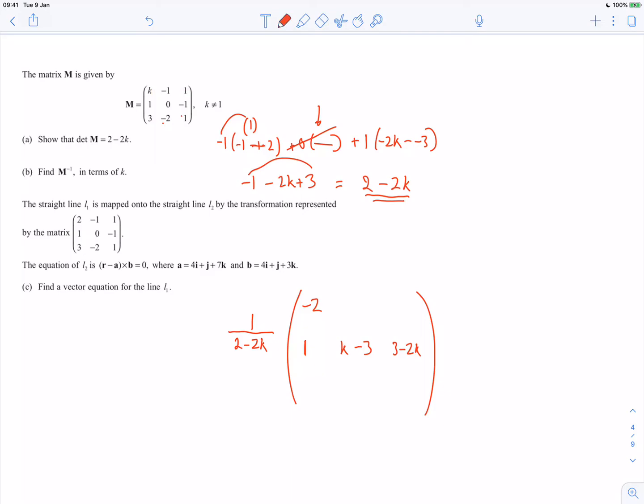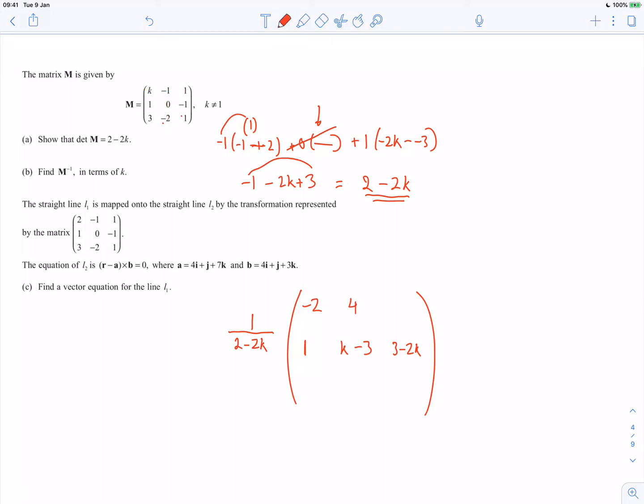And then -1, so I take the determinant at that point, so 1 times 1 is 1, minus 3 times -1 is -3, 1 minus -3 will give a 4.